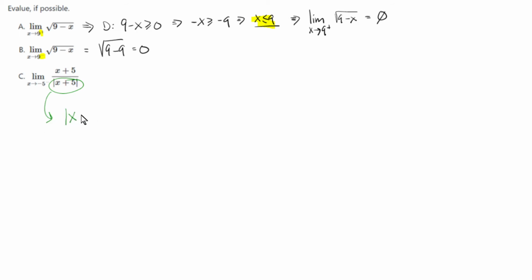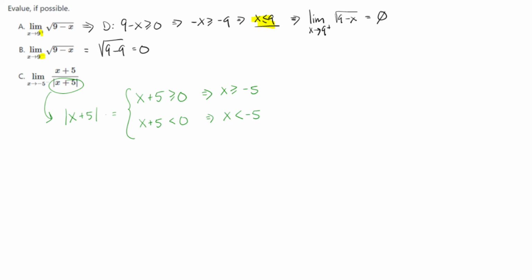The absolute value of x plus 5: the argument to the absolute value can either be greater than or equal to 0, which will happen when x is greater than or equal to -5, or x plus 5 can be negative, so less than 0, which will happen when x is less than -5.